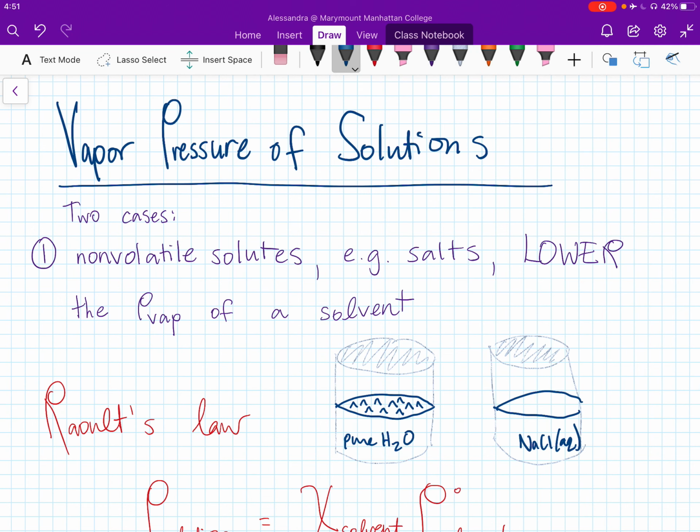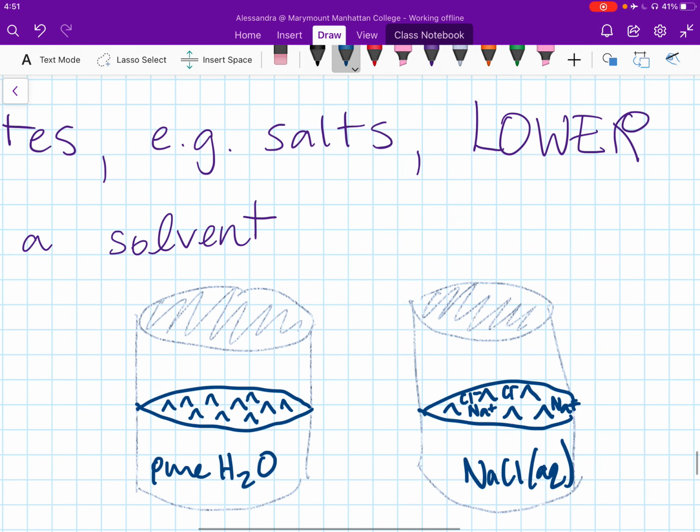Whereas in my salt water, I have some water molecules on the surface, of course, quite a few, but I'm also going to have ions that are dissolved in that water, sodium and chloride ions. Now, what happens there on that surface is only the water molecules are volatile. The ions are not going to volatilize at all.